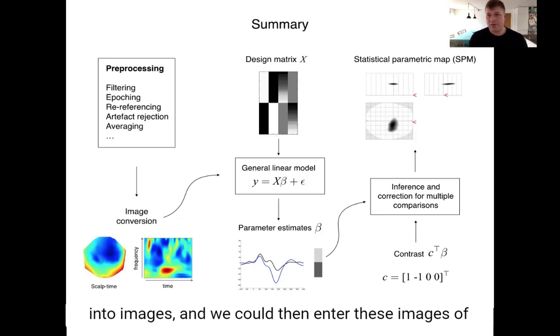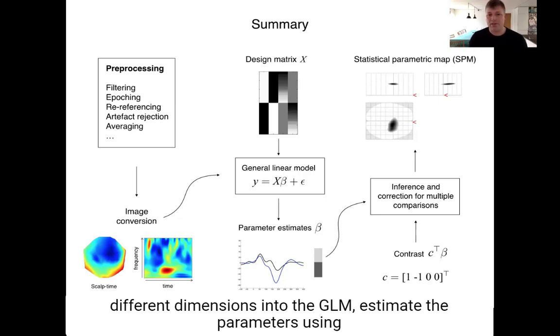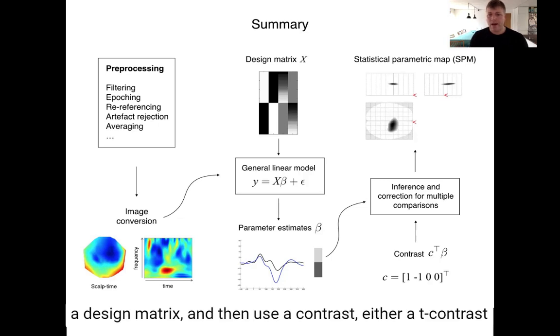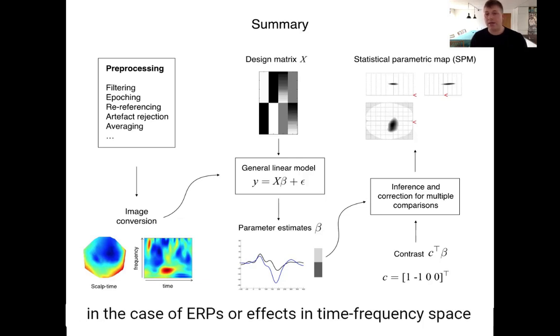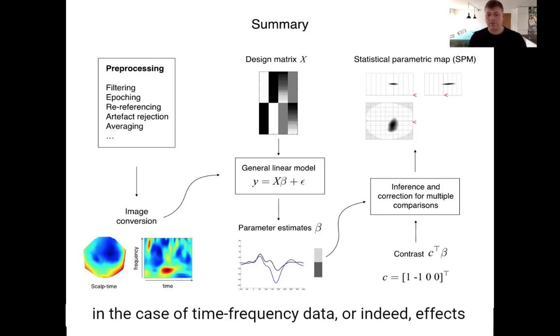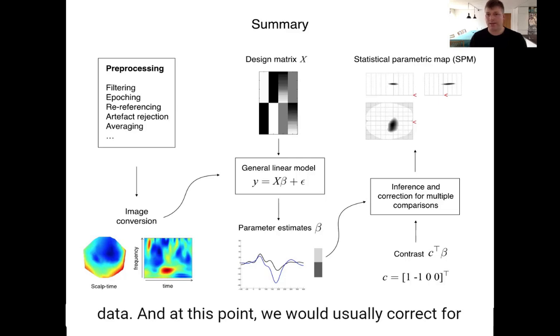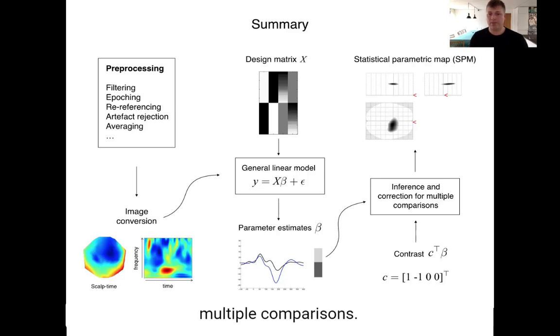And we could then enter these images of different dimensions into the GLM, estimate the parameters using a design matrix, and then use a contrast, either a T contrast or an F contrast, to make inferences about effects in time in the case of ERPs, or effects in time frequency space in the case of time frequency data, or indeed effects in 3D voxel space in the case of source reconstructed data. And at this point, we would usually correct for multiple comparisons.